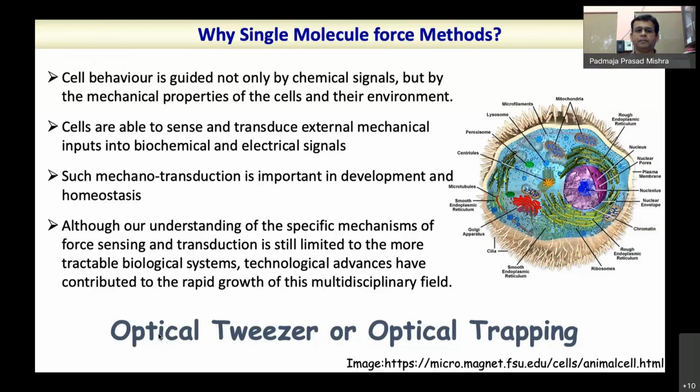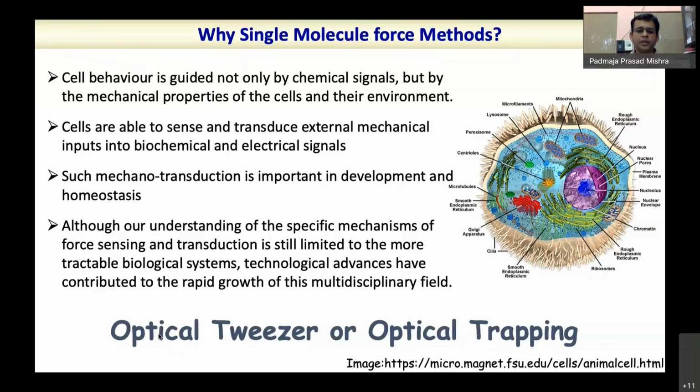We have used light for visualizing things, but this is a tool, as I said, which is used to hold particles, hold objects, or to manipulate, to drag objects from one place to another place.